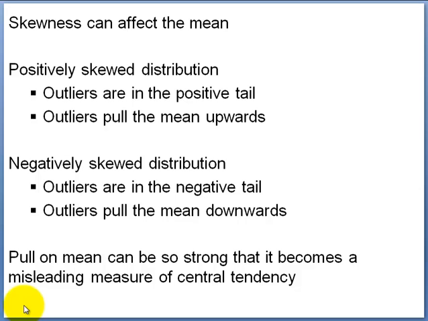Someone would look at the mean and say, aha, the typical family income is such and such, whereas in reality the common, middle, more typical income would be substantially lower. So I'll just go on and say, when you have enough skew, the median is generally preferred to the mean.